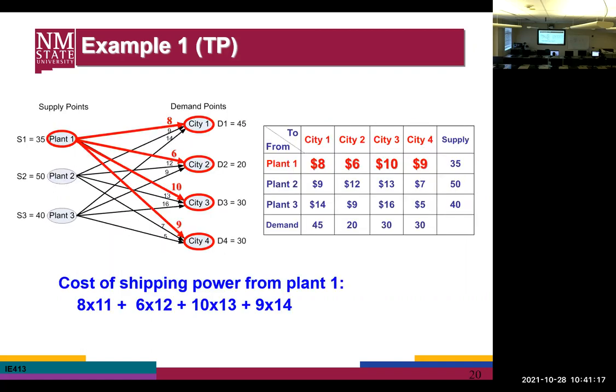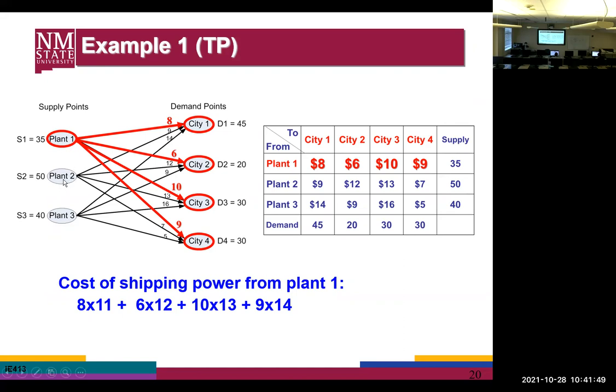So the cost of supplying the peak power demands from, for example, plant number 1 to each city is going to be 8 times X11 plus 6 times X12, 10 times X13 plus 9 times X14, right? So for the total cost of supplying the peak power demands to each city, you need to add 2 more things.